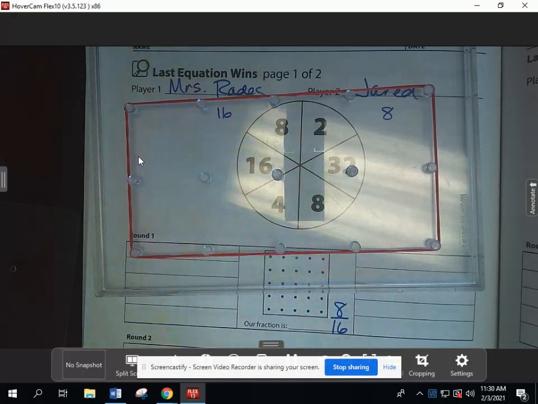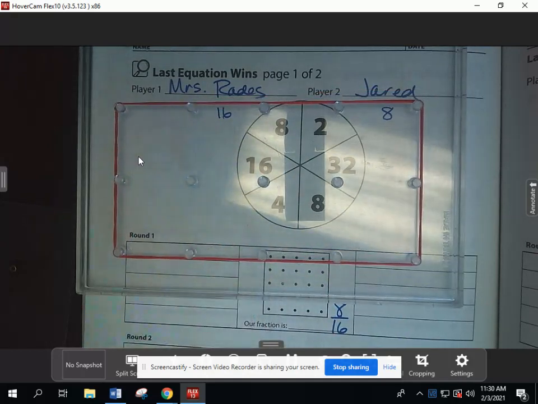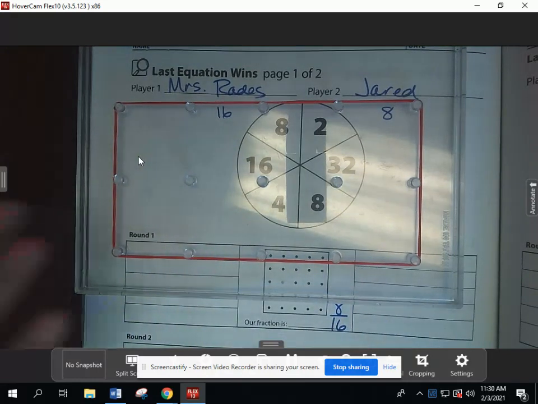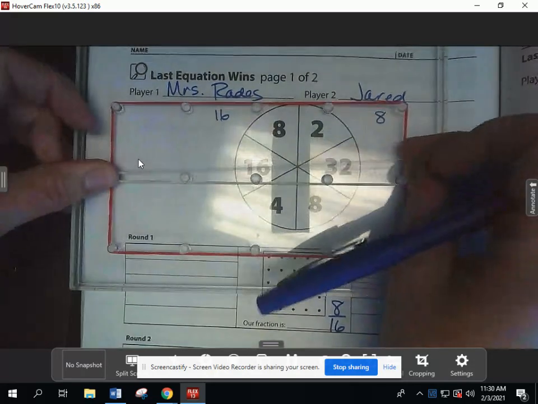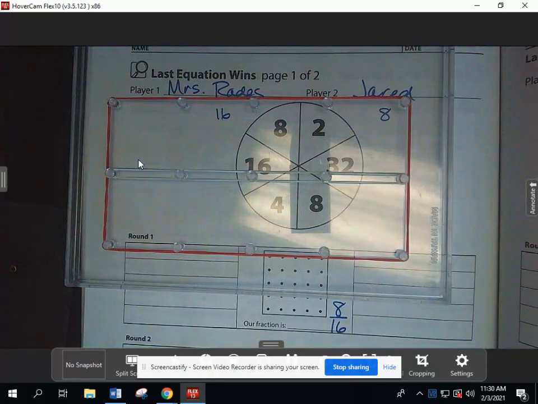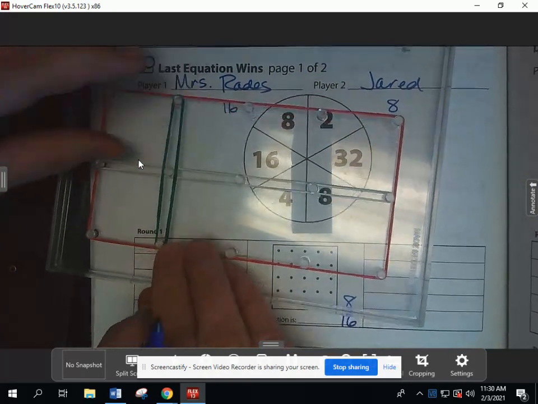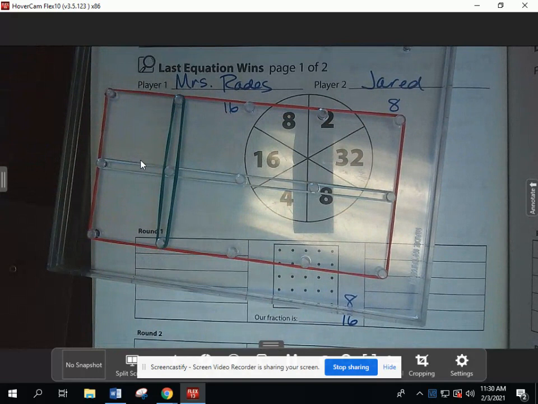Now, does anybody remember the name of this game? Okay, Reese is telling me what? Last equation wins. I have to make an equation. And you know what? If I'm going to be technical about this, Jared actually spun 8/16 that looks like this.